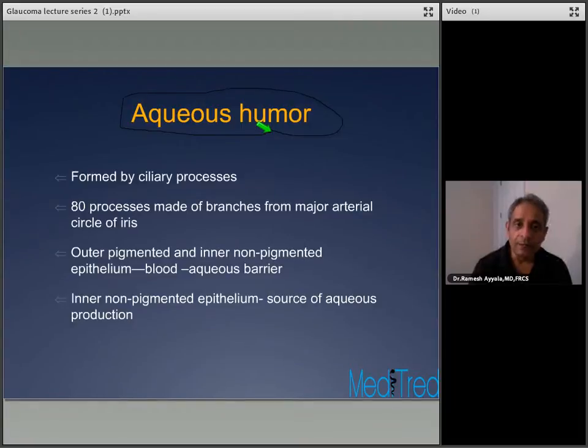Three, by maintaining an optically empty quality, it helps to get the light across to the retina, and that way we can actually see. So the optical quality of the aqueous humor is also important, right? And so those are the three major functions. And then, of course, the fourth major function is to maintain the pressure in the eye, so as to maintain the shape of the eyeball.